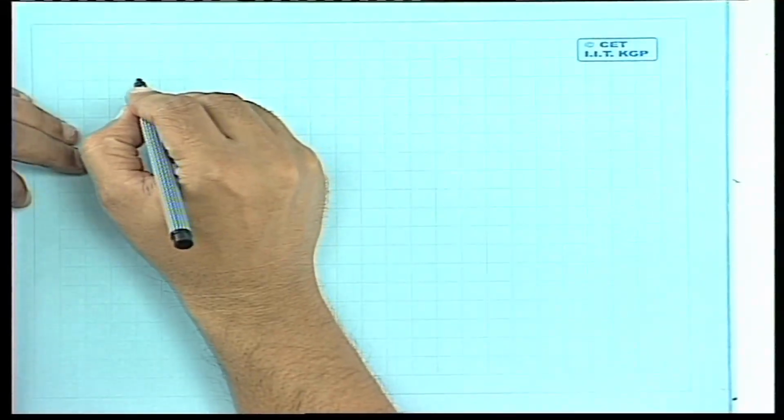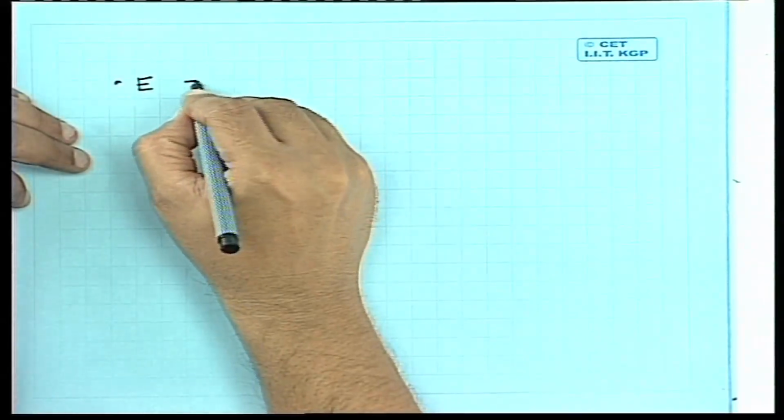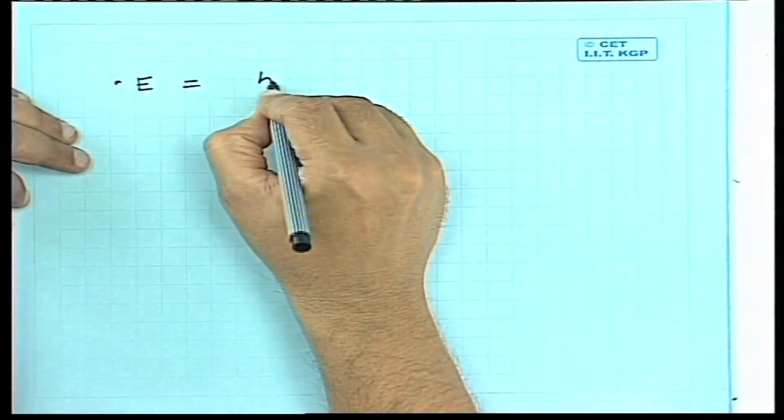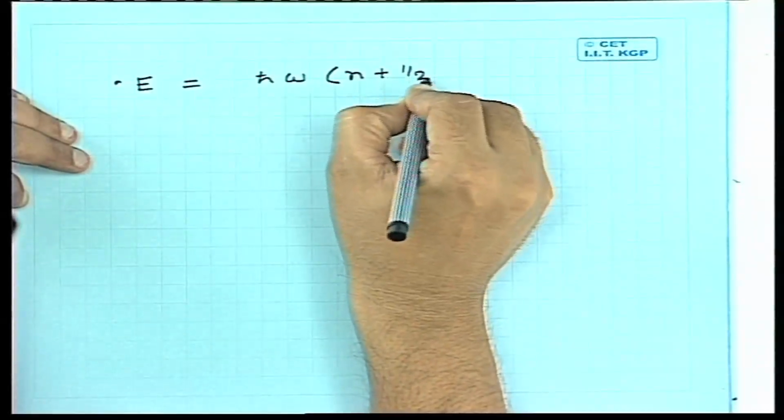Let us go back to the relation between the energy and n. The relation was E equal to h cross omega times n plus half.